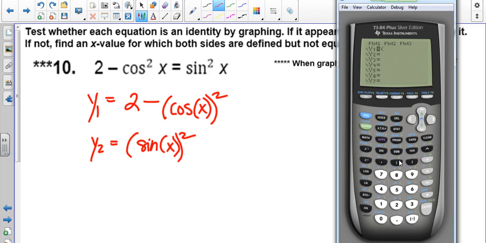Well, let's see what it looks like, because that's always great fun. Two minus cosine. And I think I learned that you could cheat and just put the squared outside of the x and it'll work. It's really bad notation, but I think the calculator will let you get away with that.